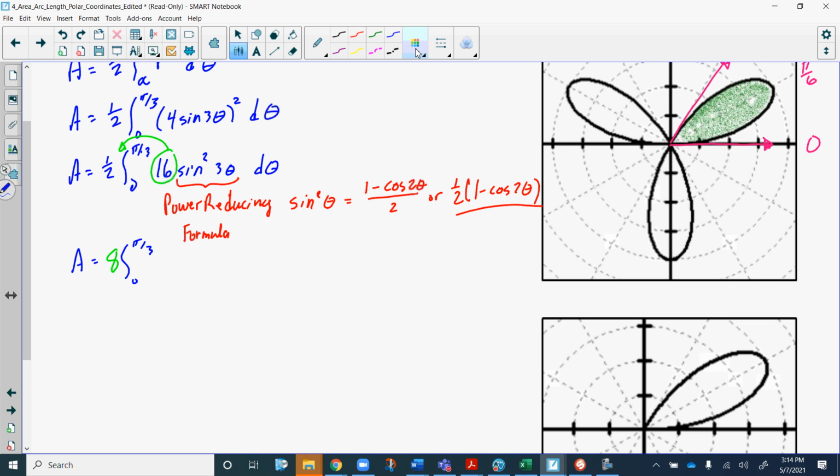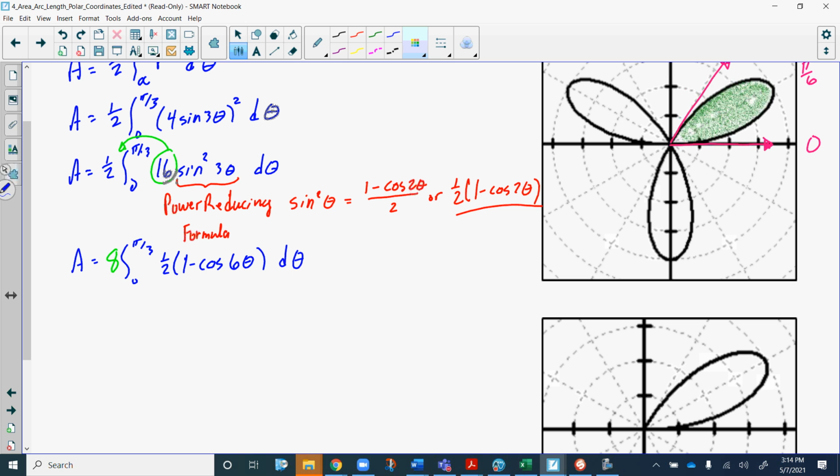So I'm going to say the 1/2 by the power reducing formula times 1 minus cosine. Here I have 2 theta multiplied by 3, so that's going to wind up being 6 theta, d theta.